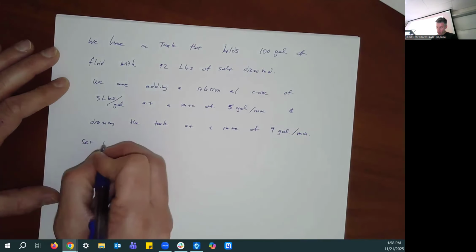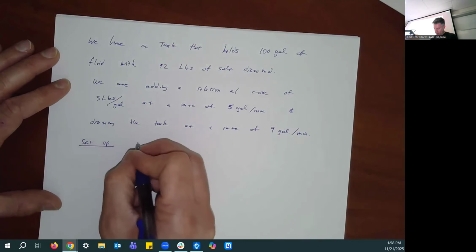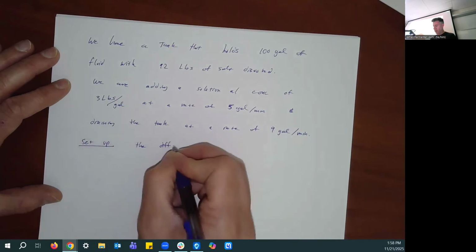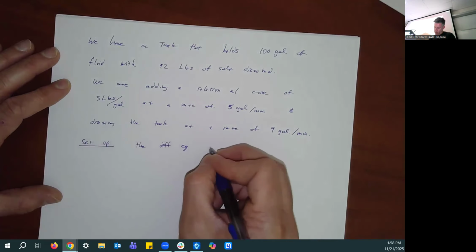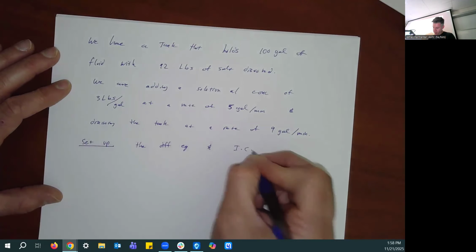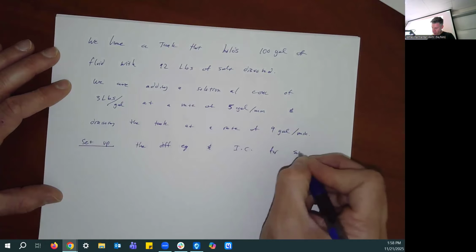Set up, but do not solve, the differential equation. I'm going to say the differential equation and the initial condition for the amount of salt.